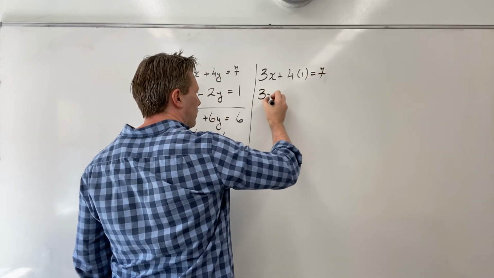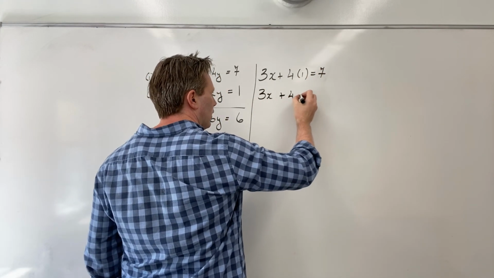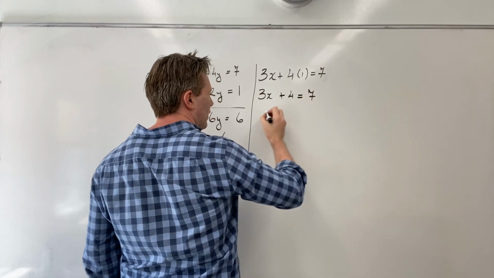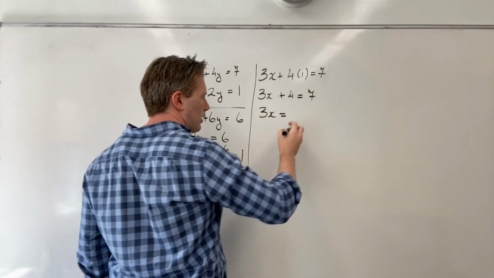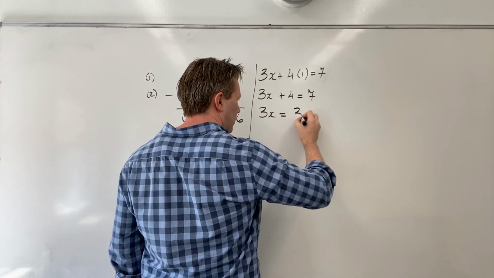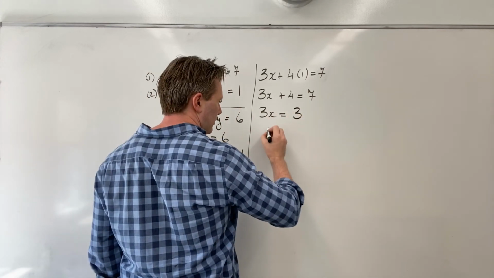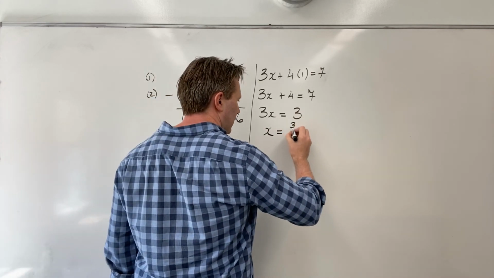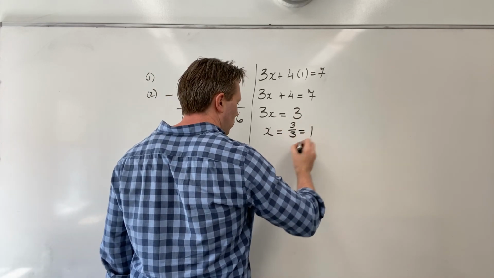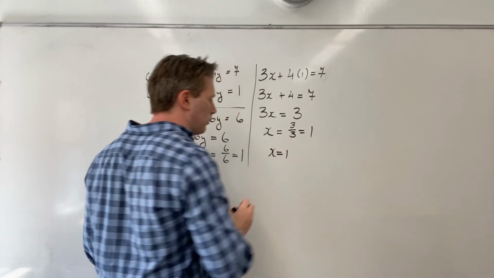So therefore, 3x plus 4 is equal to 7. And 3x is equal to, subtracting 4 to the other side, 7 minus 4 is 3. And if 3x is 3, I can divide both sides of this equation by 3. I get 3 over 3, which is 1. And so again, I have x is equal to 1.